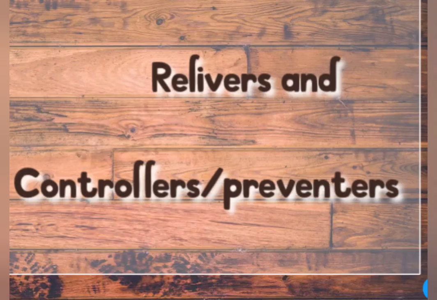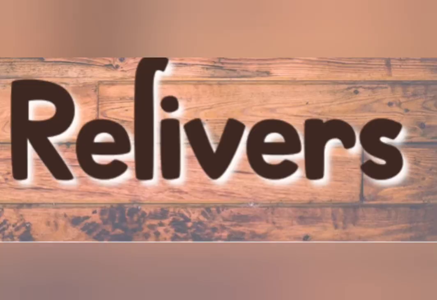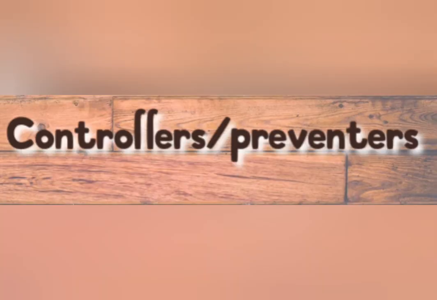We have two terms used to describe anti-asthmatic medication: relievers and controllers or preventers. Reliever describes agents that give immediate relief of symptoms, whereas controllers or preventers describes agents that act to reduce inflammation or give long-term bronchodilation.